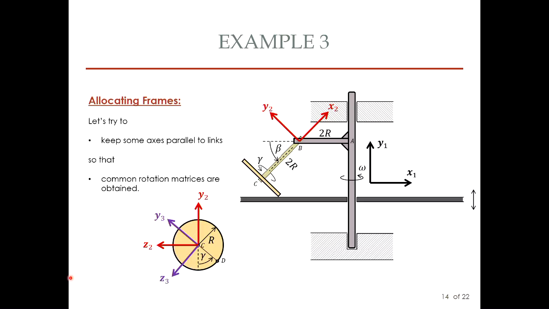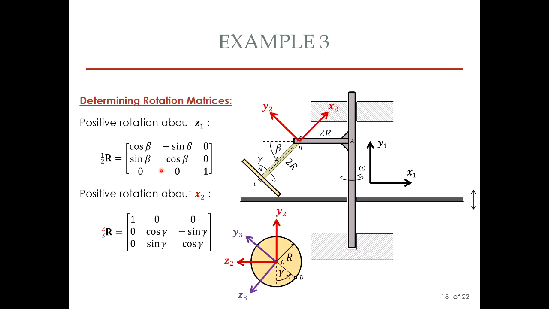And the vector from C to D, how would you represent it in the purple frame 3? You're going in the opposite direction of y3, so 0, minus R, 0.